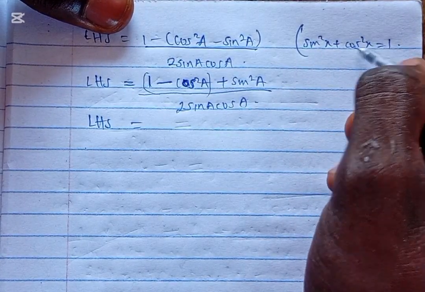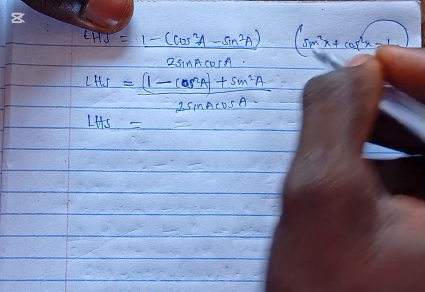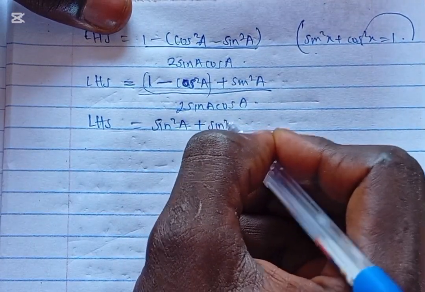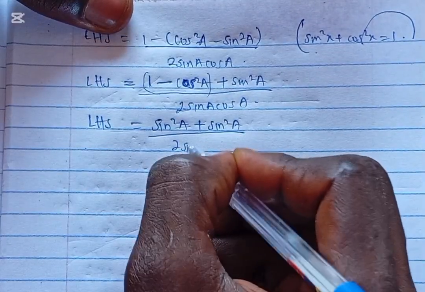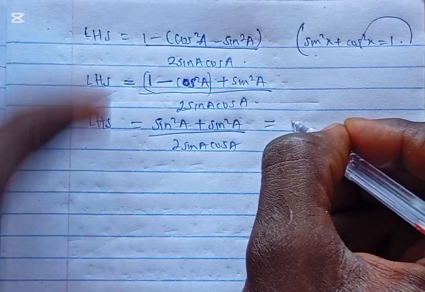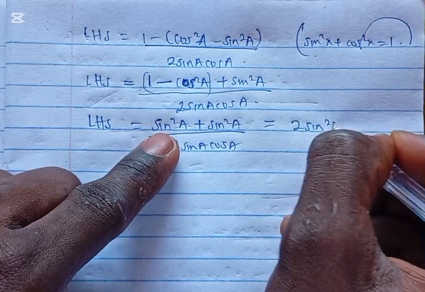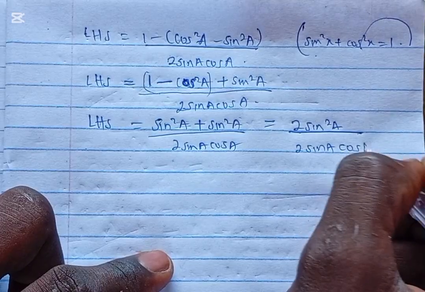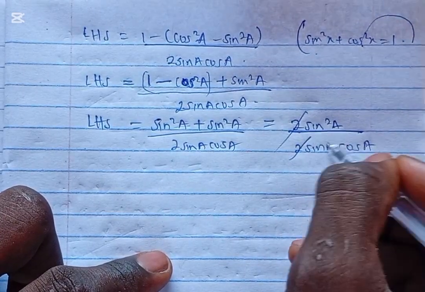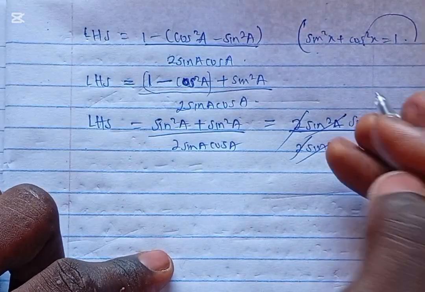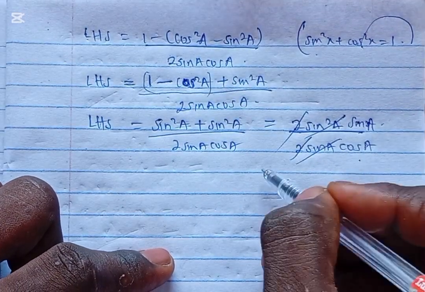So 1 minus cos square A will give me sin square A, so I have sin square A plus sin square A all over 2 sin A cos A. So I will have 2 sin square A divided by 2 sin A cos A. 2 will cancel 2, and one sin will cancel one sin, leaving sin A here. So I can say that sin A divided by cos A will give me what?